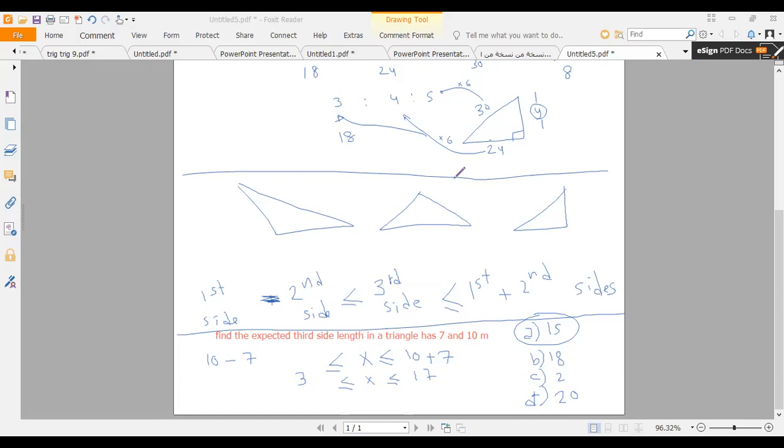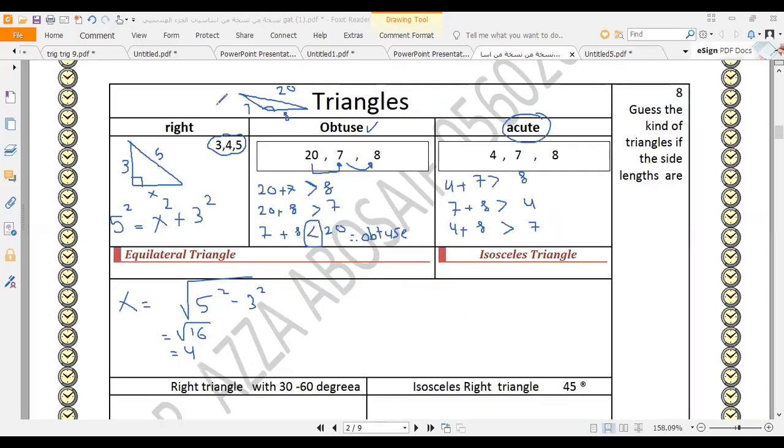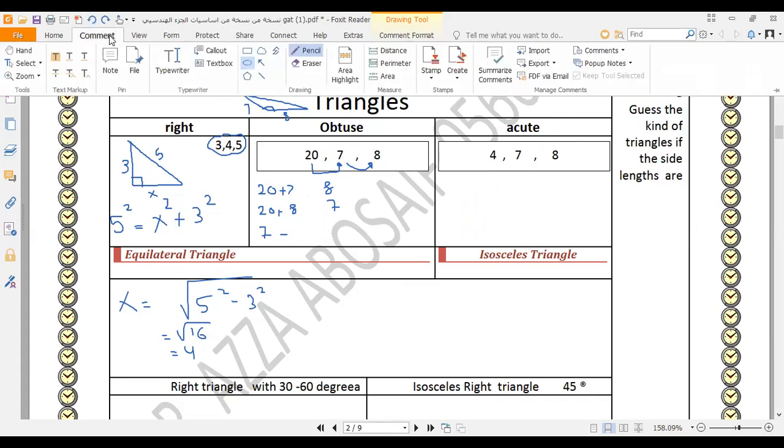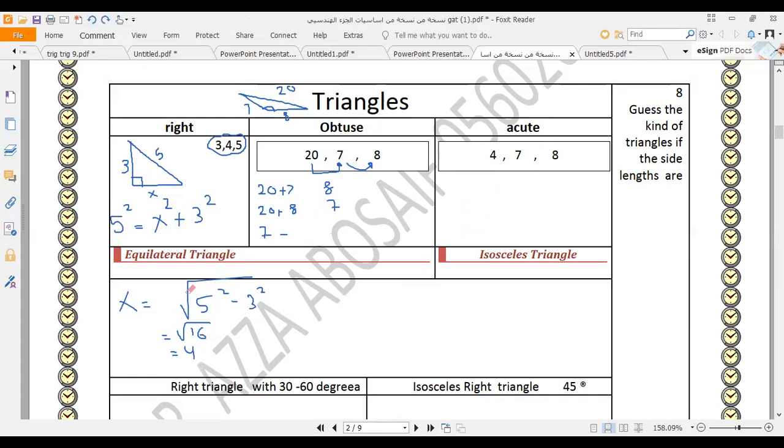Okay. Now we have here the other classification of a triangle, which is an equilateral triangle and isosceles triangle. What's the meaning of equilateral triangle, Salma? Just try to translate the word for me.